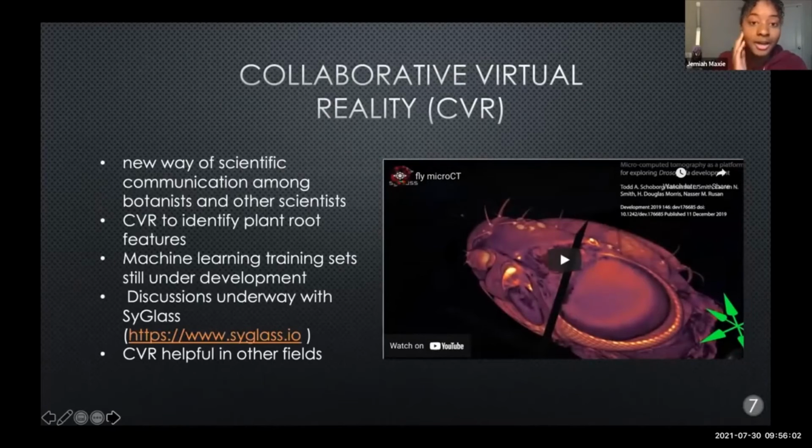The work that I have been doing with my plant roots this summer will show up in a larger project, or a new project, with collaborative virtual reality. So this can be used to identify the roots more rapidly and to communicate the findings more efficiently.